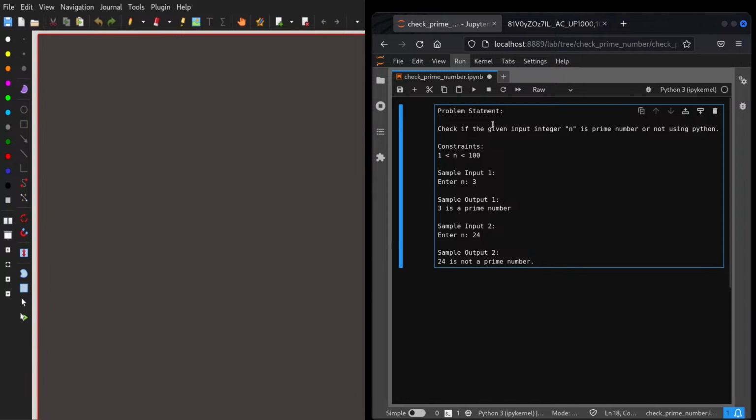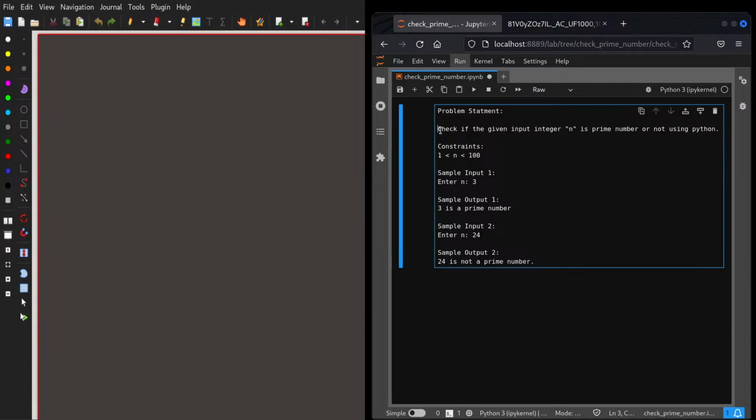So we have the question, the constraints, and the two sample inputs and outputs. This is the problem statement.